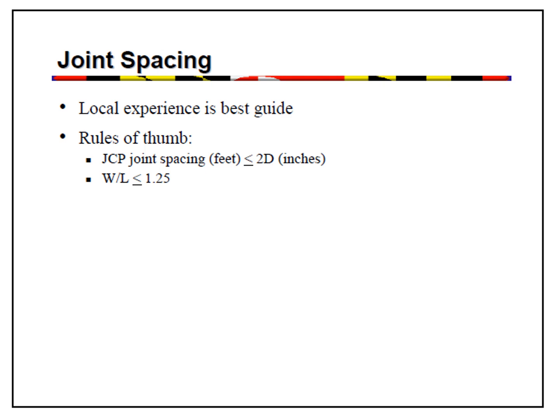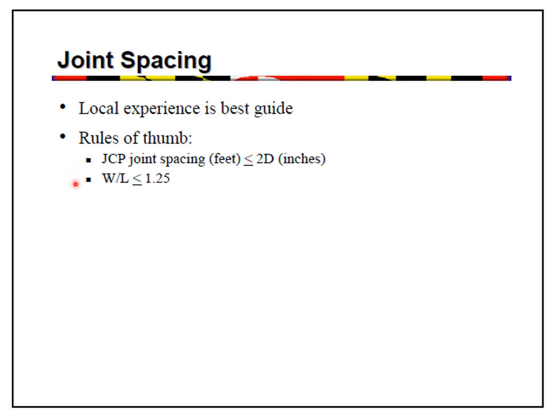Well, joint spacing. Joint spacing is very, very important whenever you are going to consider the joints. Local experience is the best guide, or we can follow the rule of thumb that in the case of jointed concrete pavement, joint spacing in feet is less than or equal to 2 times D, where D is the depth of the concrete, the thickness of the concrete slab in inches.